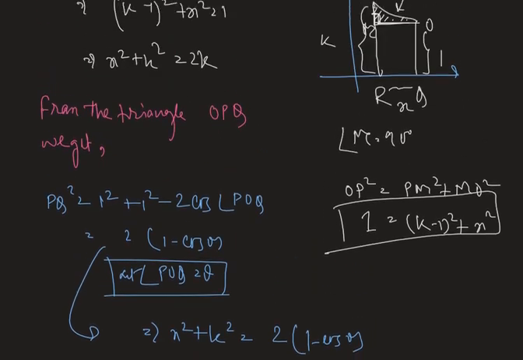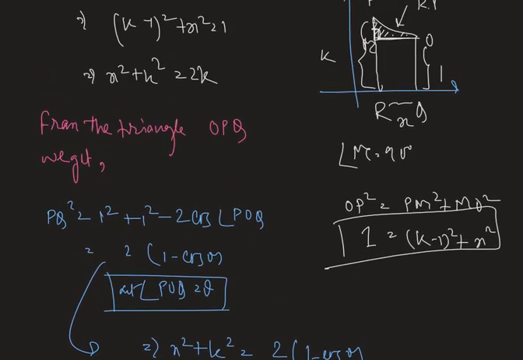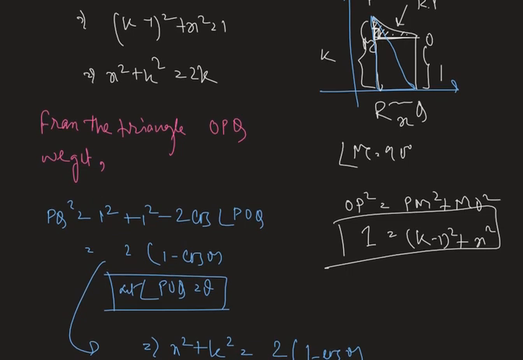As we can see from this picture, if we draw this line, this becomes a right angle triangle, and here the value of PQ square, which results in 2 into (1 minus cos theta), is nothing but k square plus x square by Pythagoras theorem.